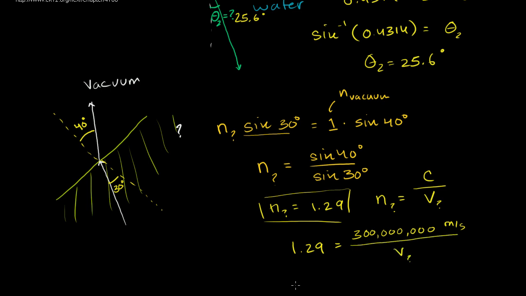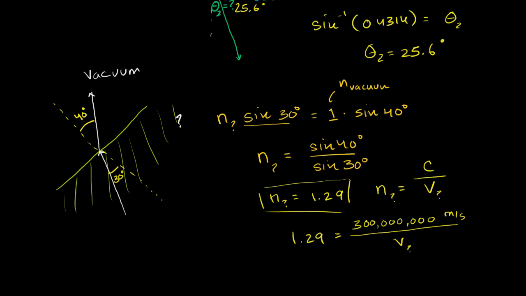I'll put a question mark. And so we can multiply both sides times our unknown velocity. I'm running out of space over here. I have other stuff written over here. So I could multiply both sides by this v, and I'll get 1.29 times this v with a question mark is going to be equal to 300 million meters per second.